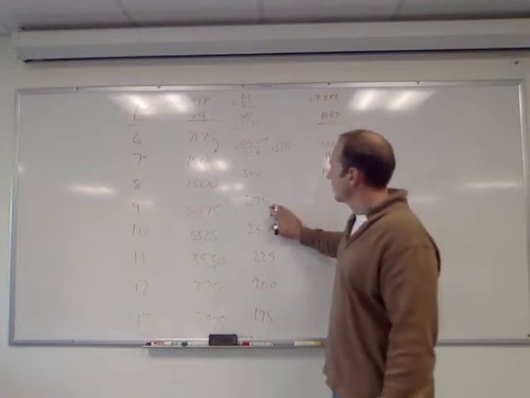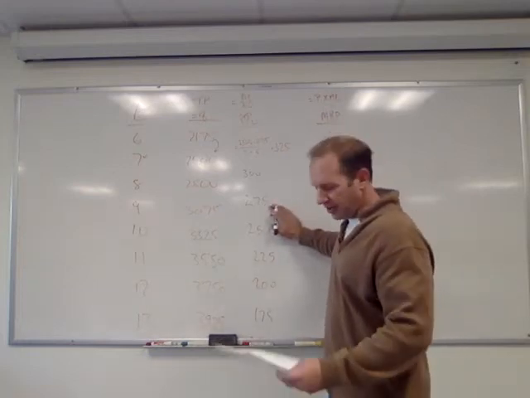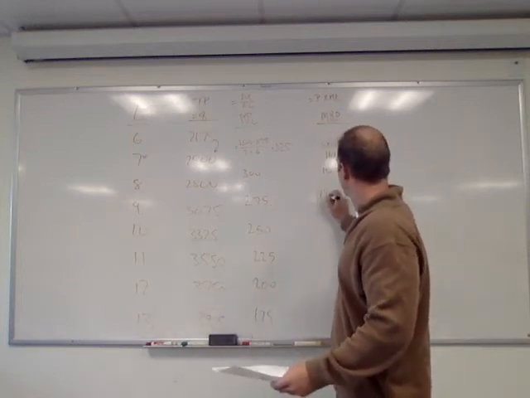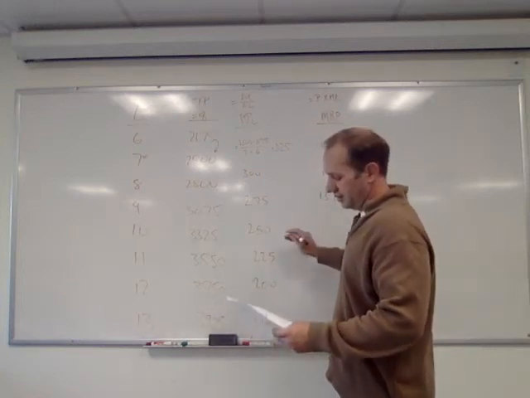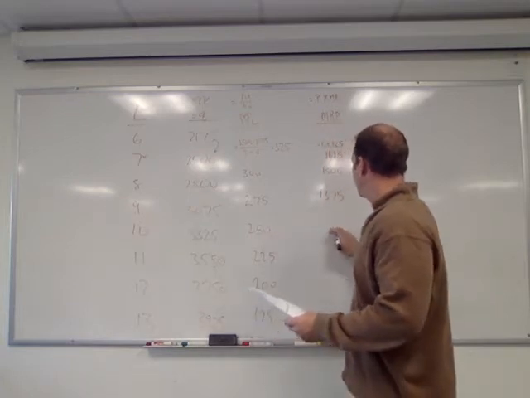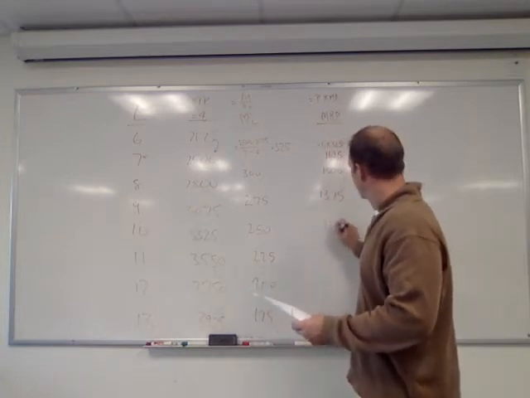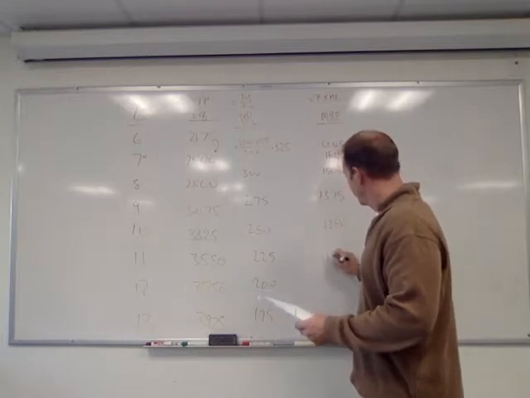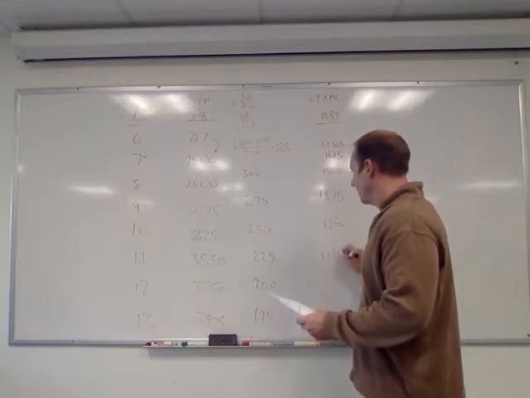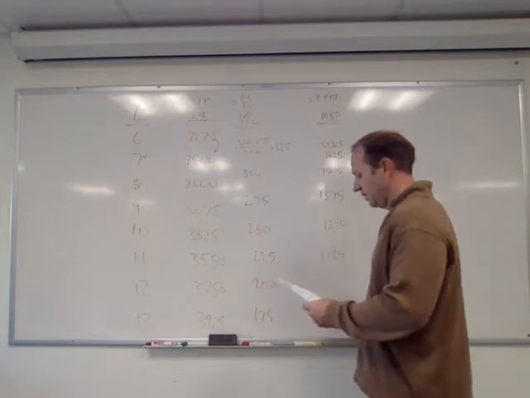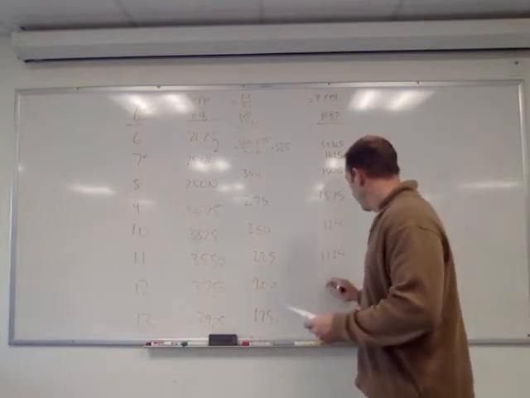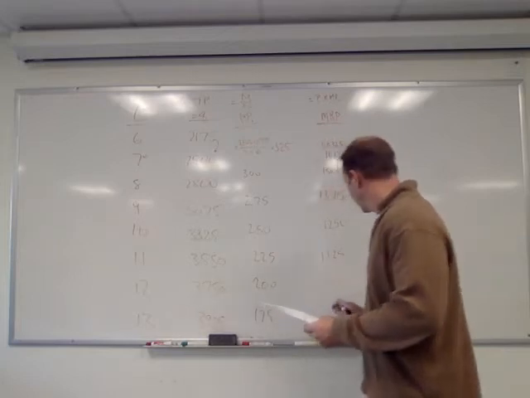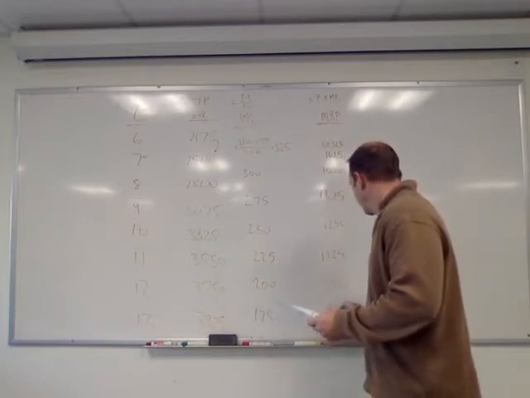At $5 each, this worker is going to bring 275, so that comes out to be 1,375. 250 times 5, that one's pretty easy, that's 1,250. 1,125 is 225 times 5. 200 times 5, I know that one. That's 1,000. And 175 times 5 is 875.